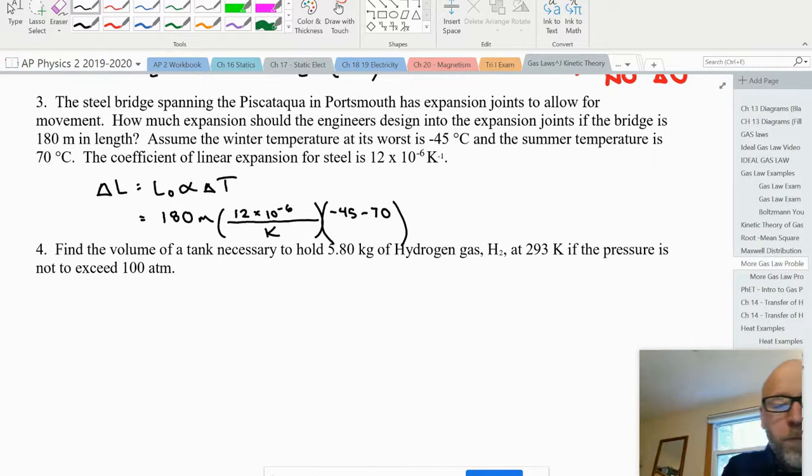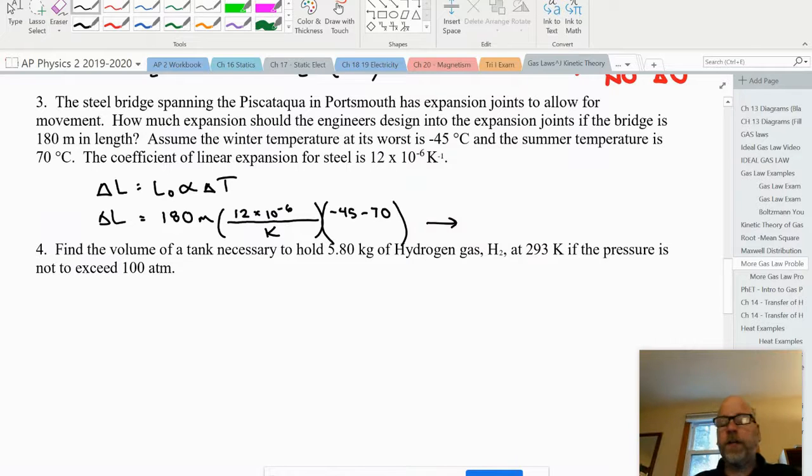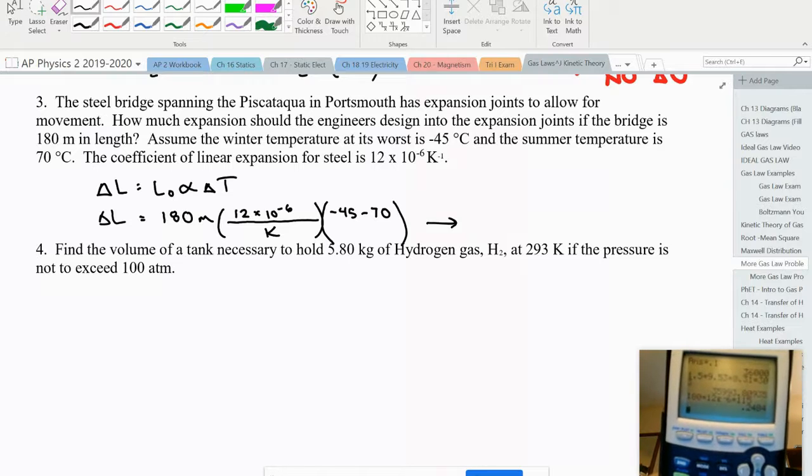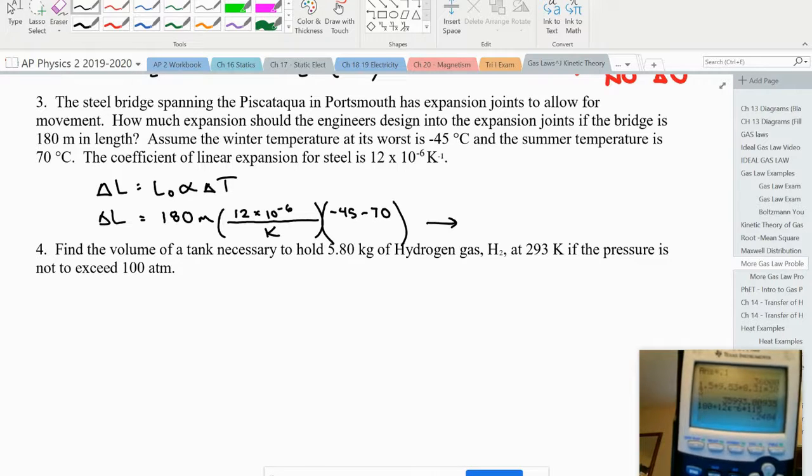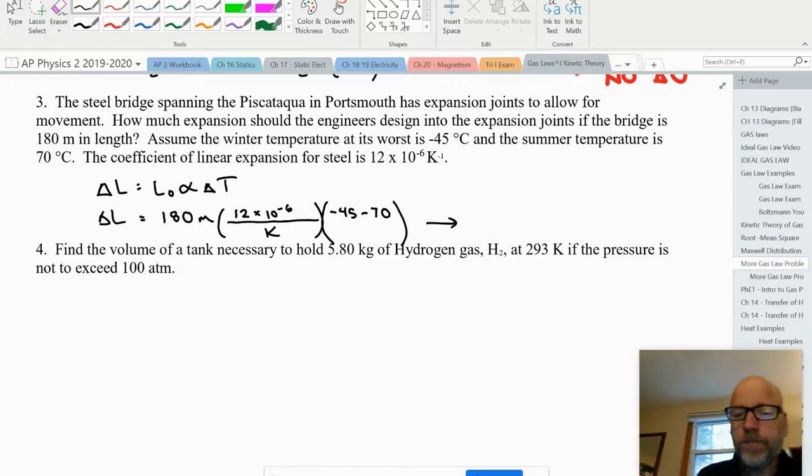The negative sign's not really going to matter. The change in the length, let's plug it in. I got 0.2484, or just about 0.25.